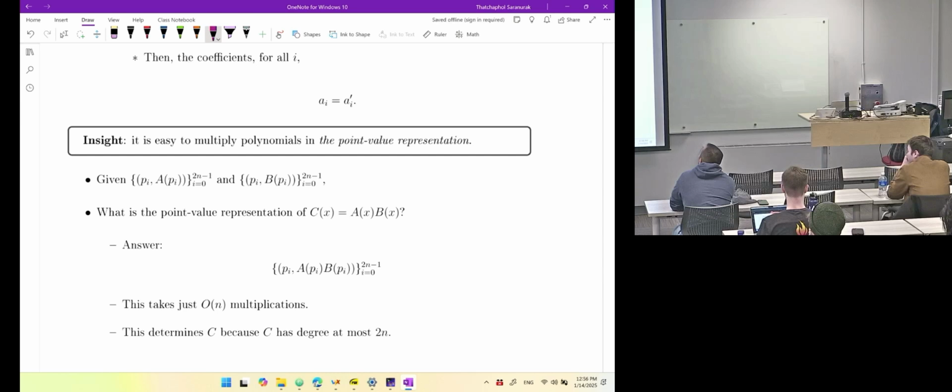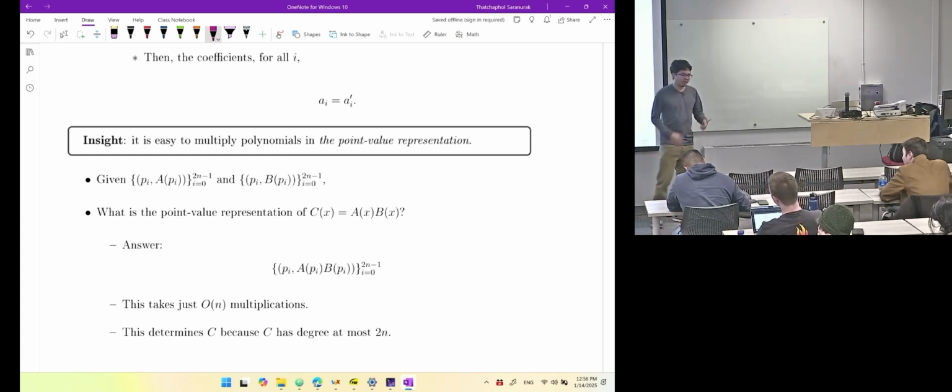Then how can I compute the multiplication C, A times B? It's going to be an easy problem. Why? Because I can just say that C at point Pi looks like A Pi times B Pi. Just do this multiplication for each point. So I just take n multiplications here, and then I'm done. I get C.